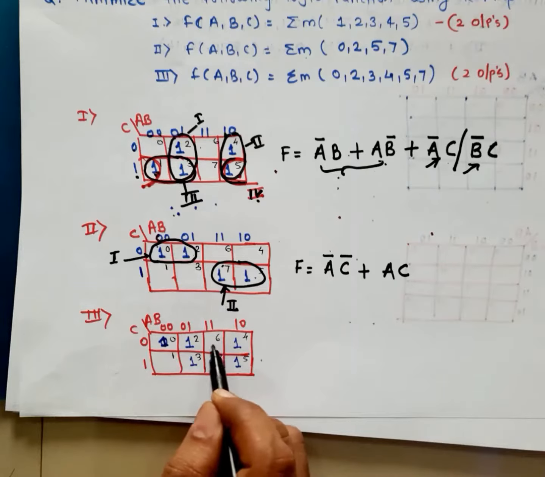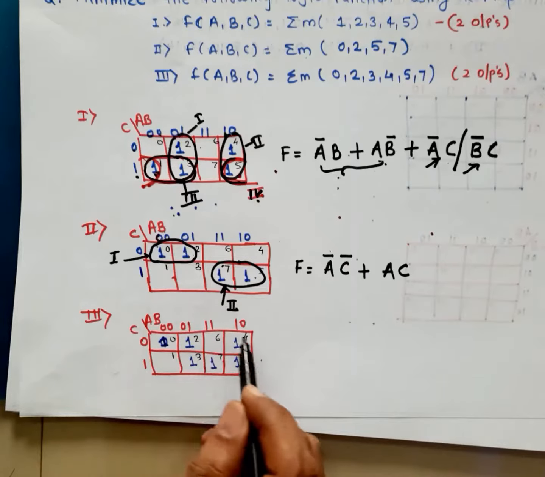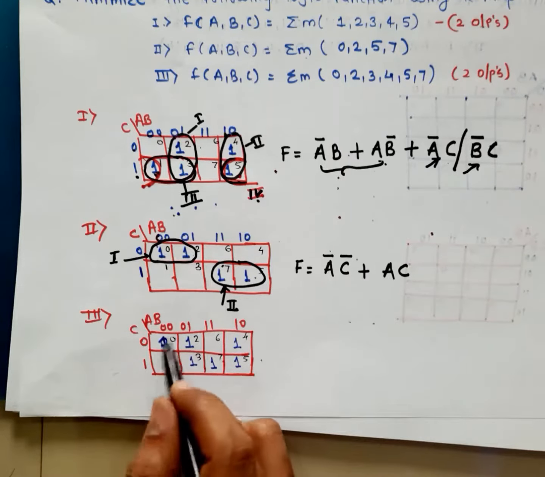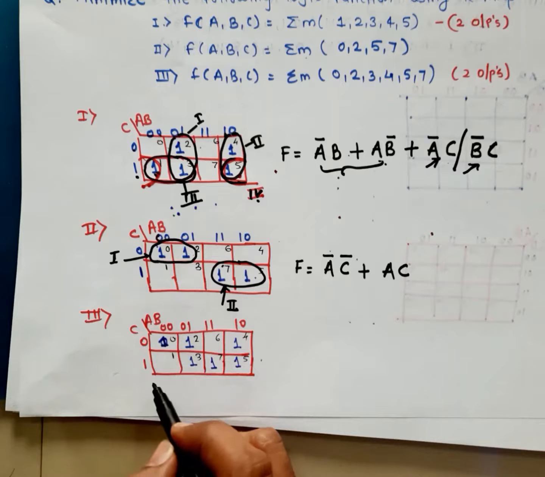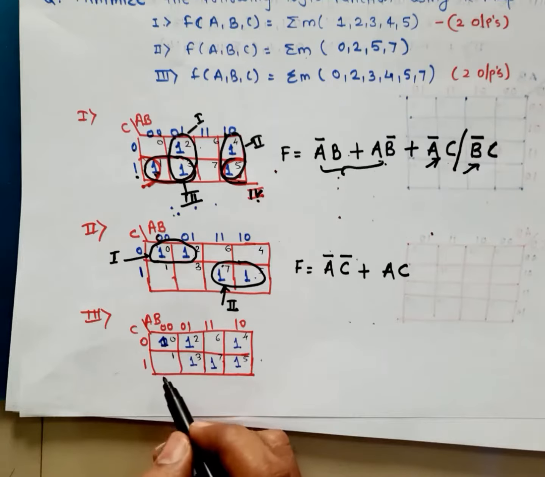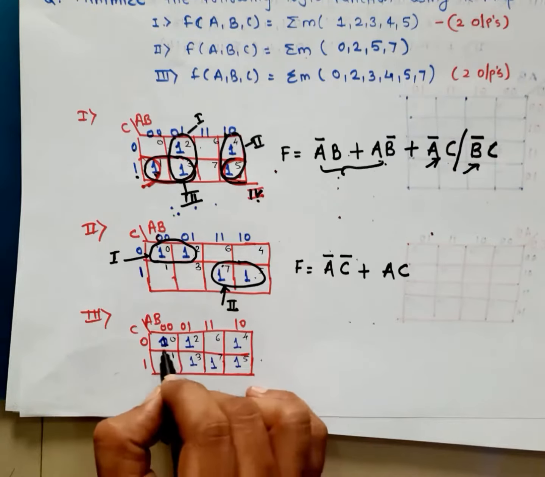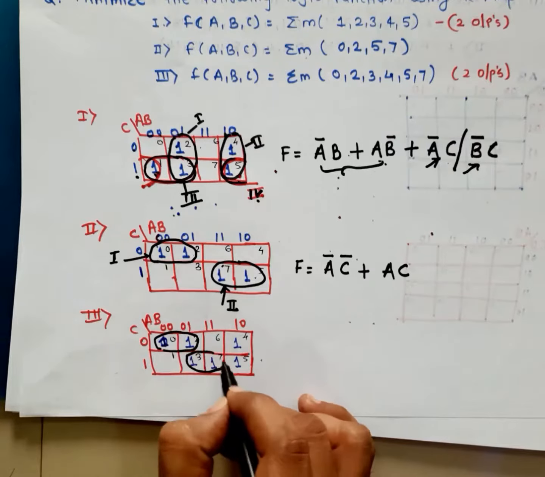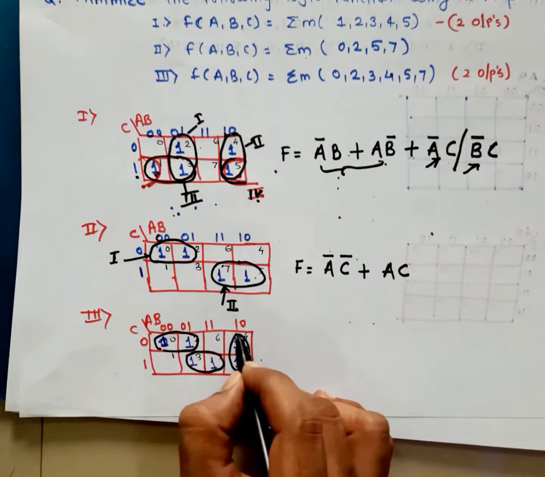If 6 cells have high values, we can say easily it is a group of 4 cells. But there are no 4 adjacent cells having high values, so instead of 4 we can make groups of 2 cells. Here the first group, here the second group, and here the third group.